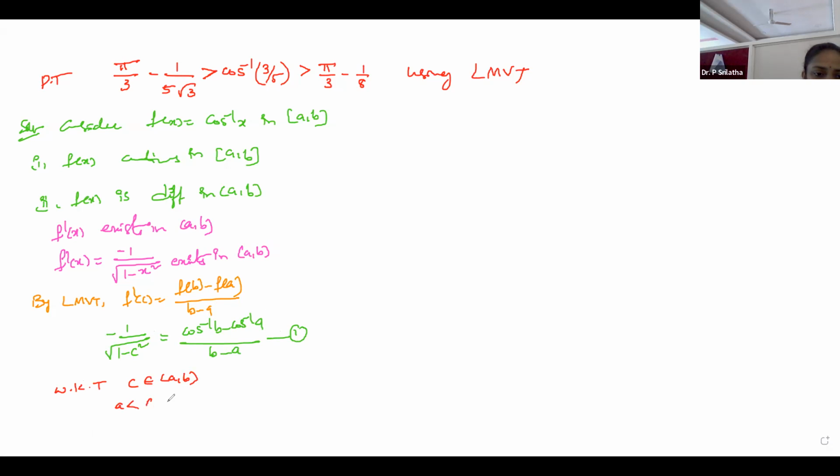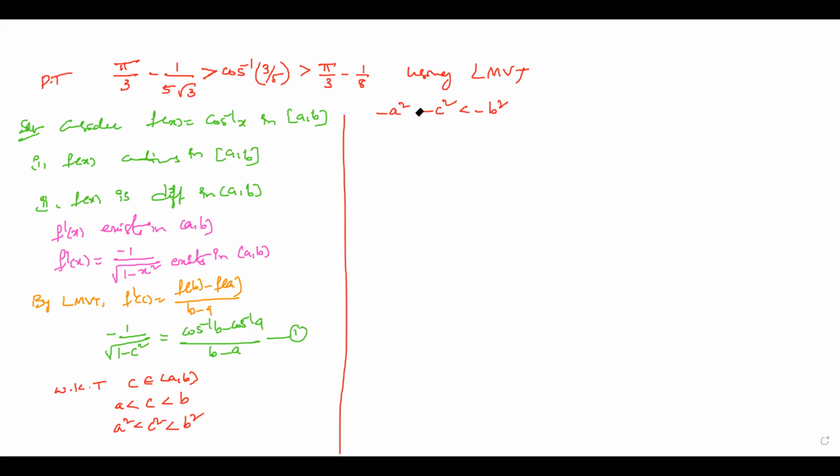That is nothing but a less than c less than b. To convert this, a square is less than c square is less than b square. Now taking minus on both sides, the sign will change, so greater than.